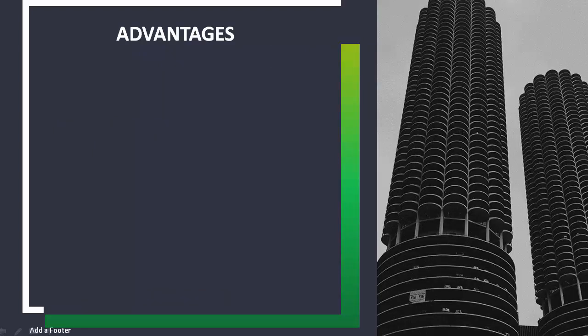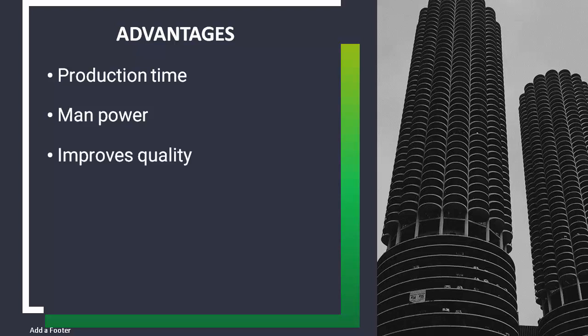Now let's see the advantages. It reduces the production time, it reduces the manpower, it improves the quality of your product, it improves accuracy, it improves efficiency, and definitely it increases the safety standards in an industry.